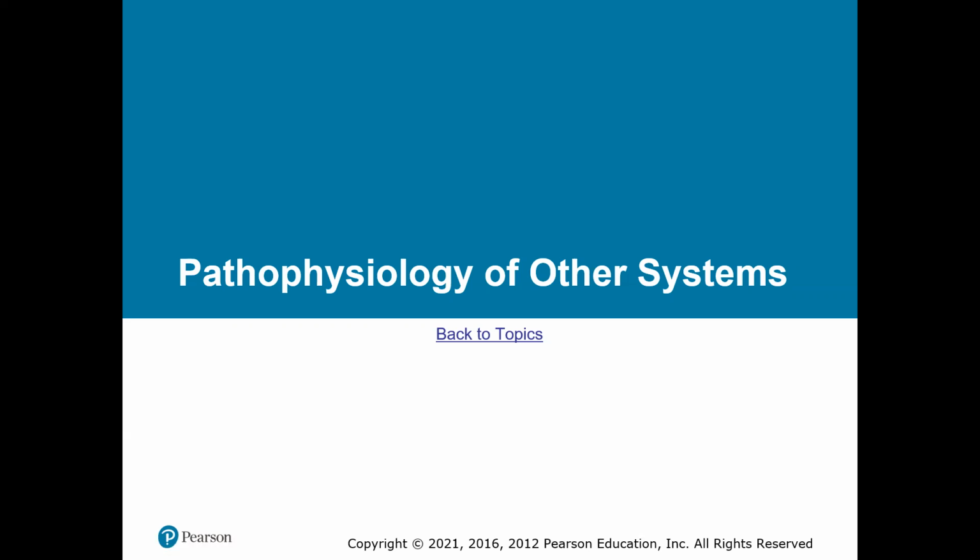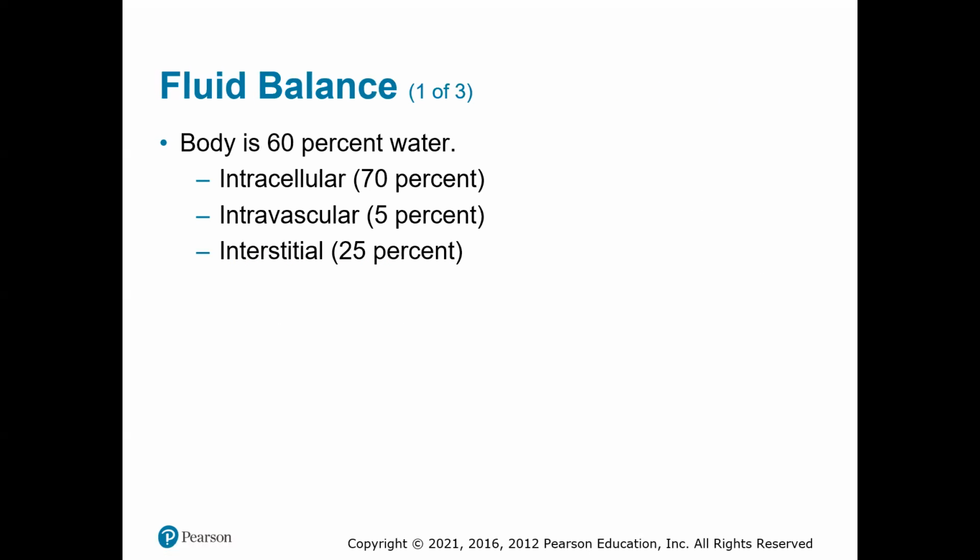Pathophysiology of other body systems. Fluid balance. Most of us are more water than anything else. We have some in the vessel space, so that's intravascular, and there's intracellular, which is 70% of our body. Most of it is in some sort of cell, whether it's in cells of organs and tissues or in cells in blood.